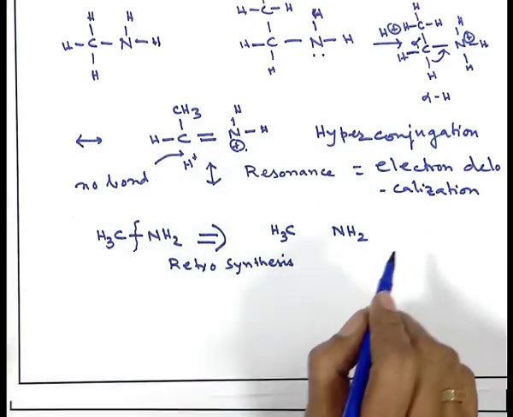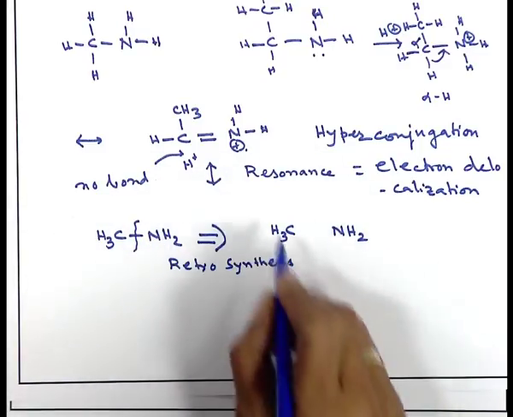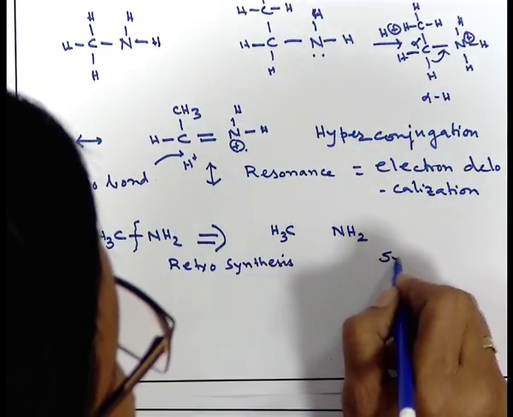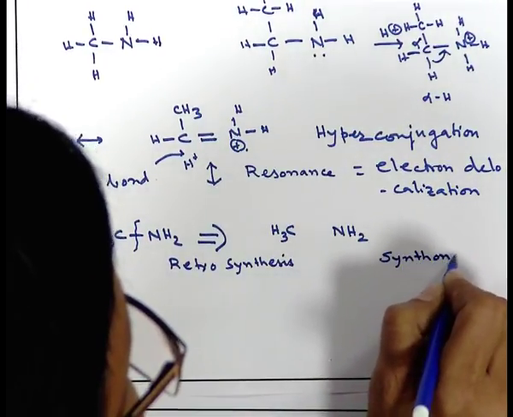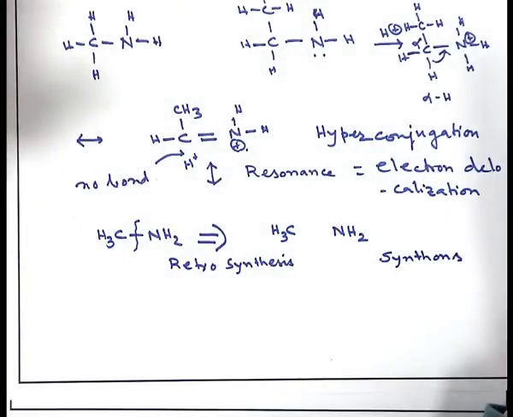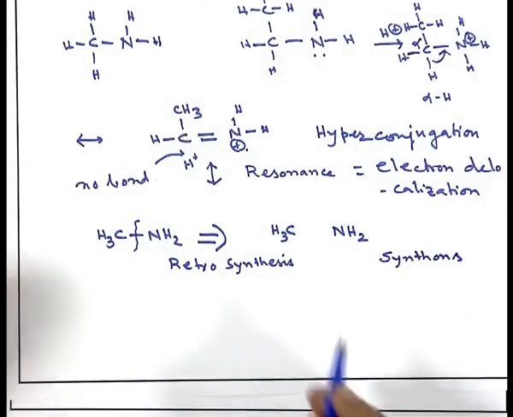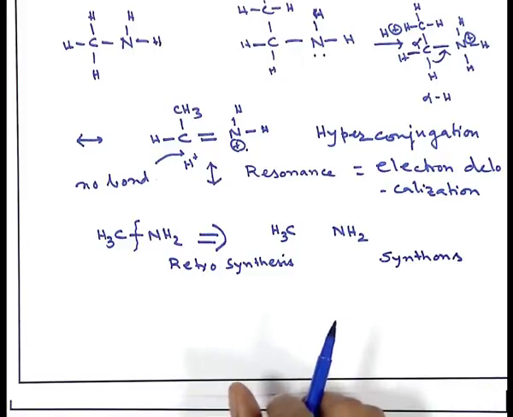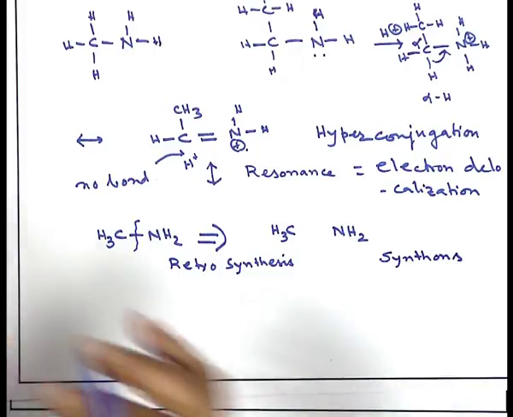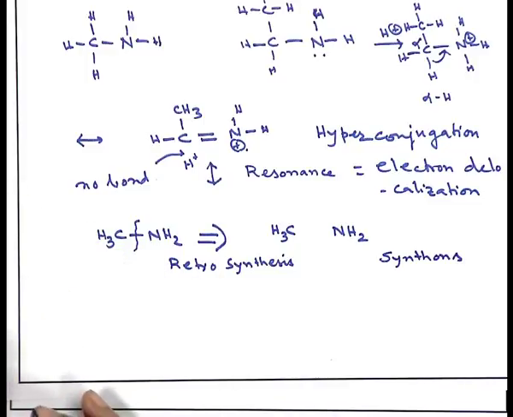This concept of breaking methylamine into methyl and amine gives species that are sometimes called synthons. Synthons are a concept, not the actual molecules. From these synthons, by adding something, we can get the synthetic equivalents, and those synthetic equivalents are the actual molecules or starting materials, and if we combine those two starting materials under appropriate conditions, we will get back the target molecule.